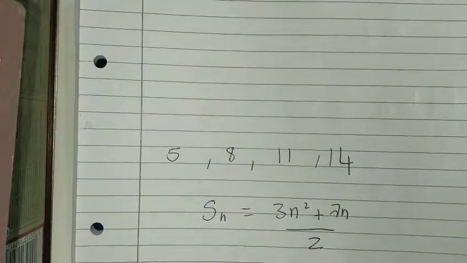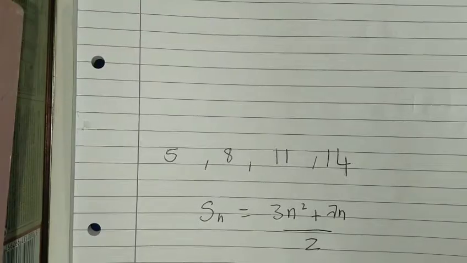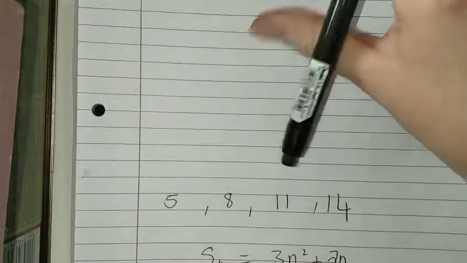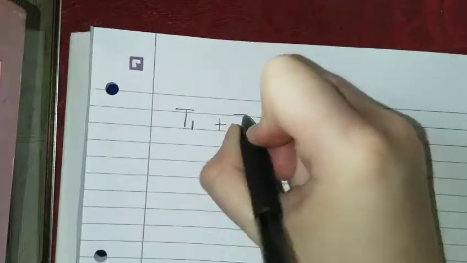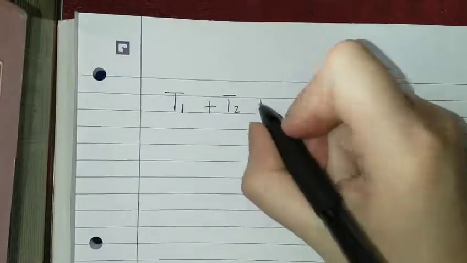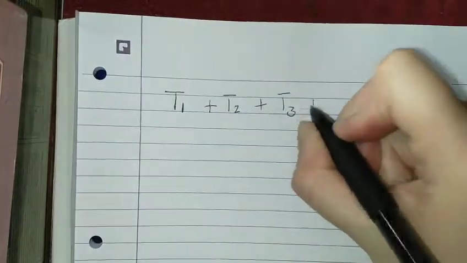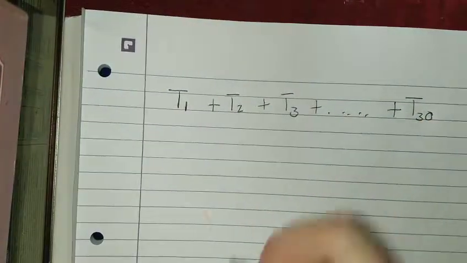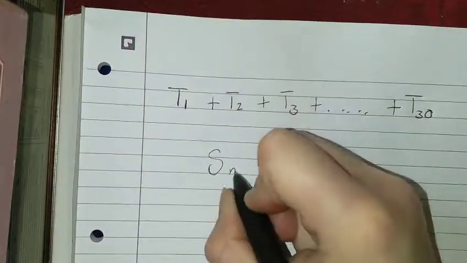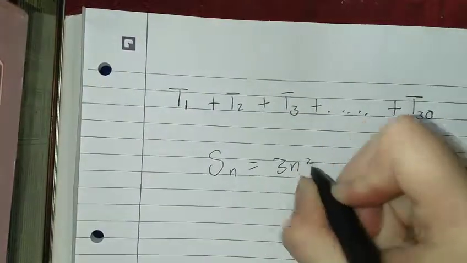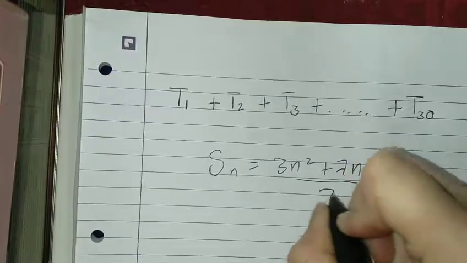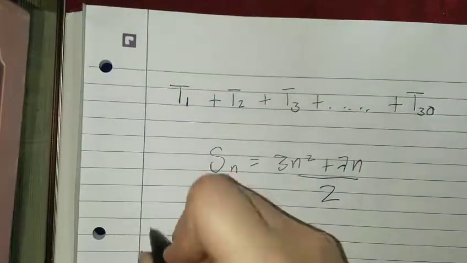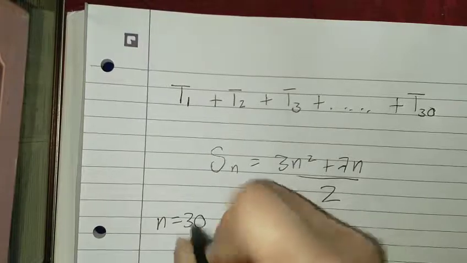So I was asked to find the total number of tiles needed to build the first 30 patterns. That means they want the sum of the number of tiles in pattern number 1 plus pattern number 2 plus pattern number 3, all the way up to pattern number 30. So in general terms in n it's 3n squared plus 7n over 2, but I want the sum of the first 30, so I let n equal 30.